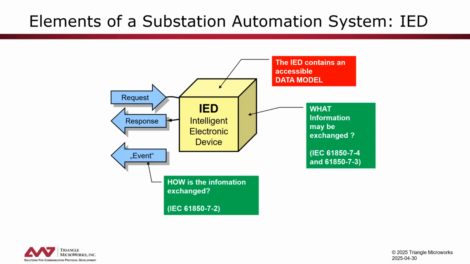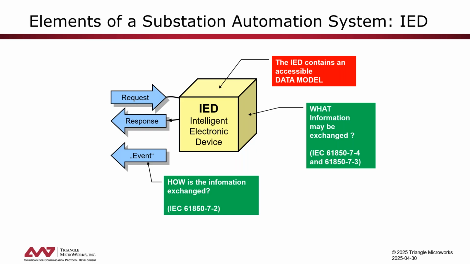A quick overview on some of the key elements of IEC 61850. We typically have our devices that we call IED, or intelligent electronic device. In a system, an IED has a data model, has information that it provides depending on its functionality. The information that is available based on the standard is defined in the parts 7.4 and 7.3.